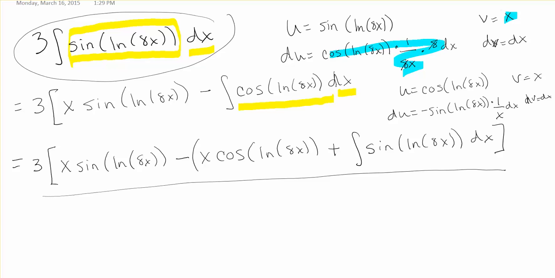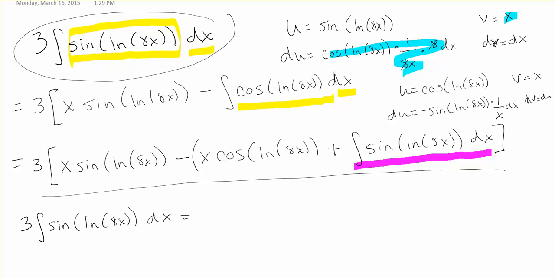But what you should notice is that if I multiply through here, 3 integral sine ln 8x dx shows up again over here. So this is where you get clever. My original question was 3 times the antiderivative of sine of ln of 8x.